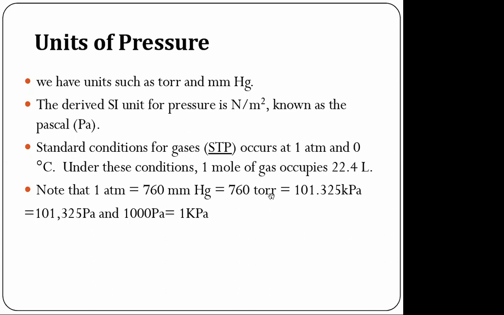It will be equal to 760 torr, and it will be equal to 101.325 kilopascal, which can also be expressed as 1.01 times 10 raised to power 5 Pascal. And you know that Pascal is the same thing as Newton per meter squared. So you have 1,000 Pascal equal to 1 kilopascal.